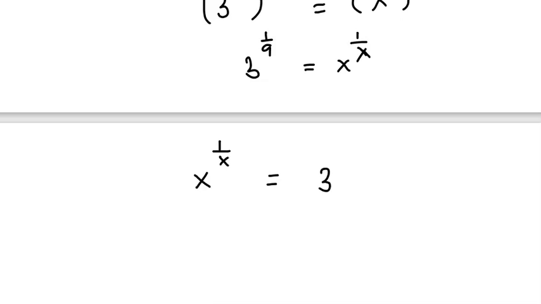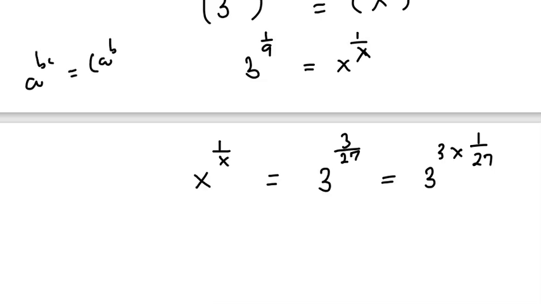Now 1 over 9 is the same as 3 divided by 27, right? And this is the same as 3 multiplied by 1 over 27. With the property I mentioned earlier, that a raised to the power of b times c is the same as a raised to the power of b in bracket raised to the power of c, the right hand side we can now write as 3 raised to the power of 3, then raised to the power of 1 over 27.